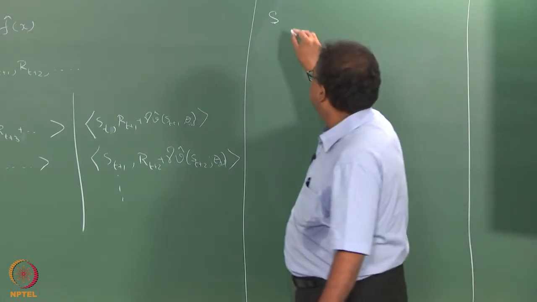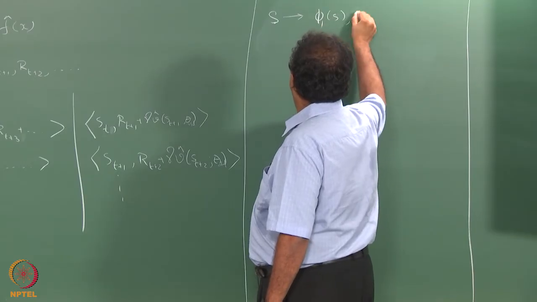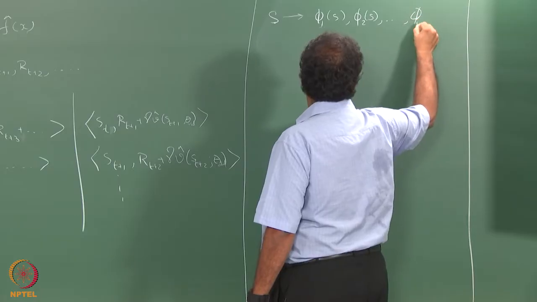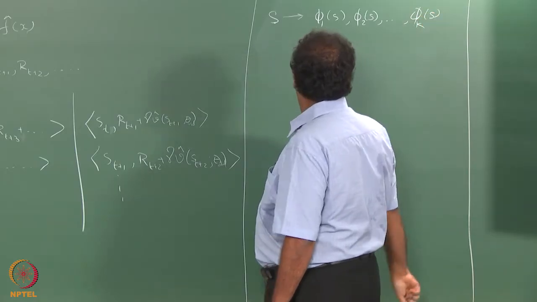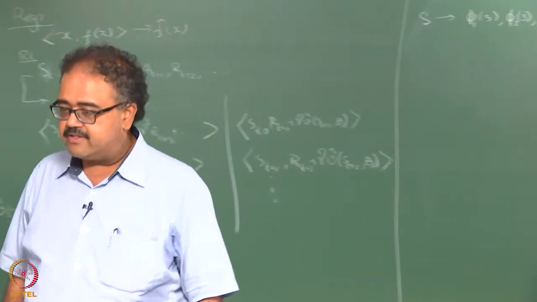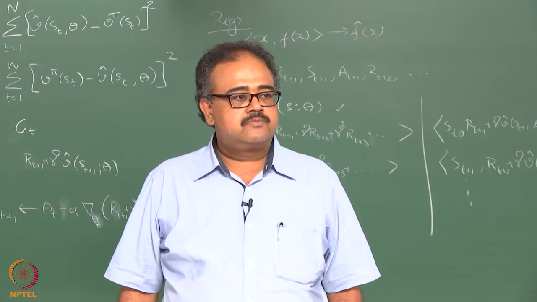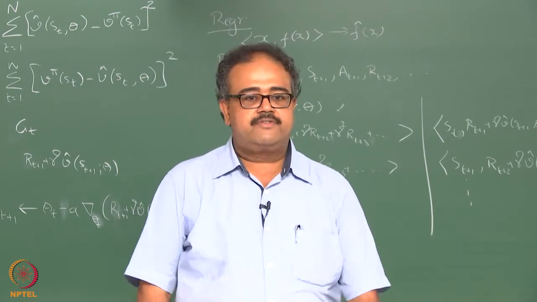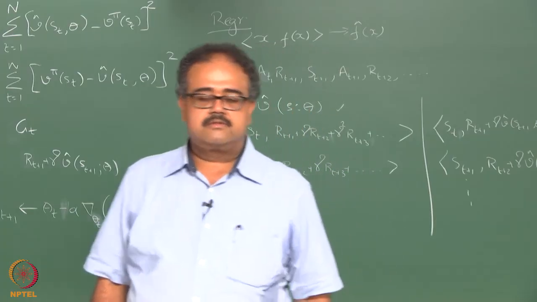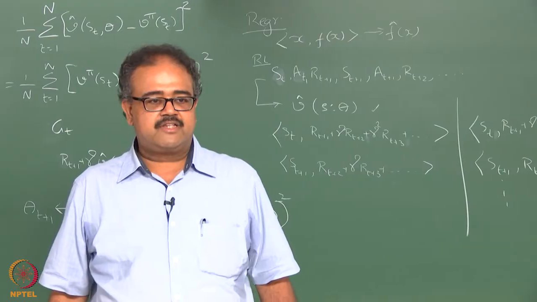So, my state S will be represented by some k features, phi 1, phi 2 up to phi k. So, what are these features? Depends on the problem, like I was telling you earlier.